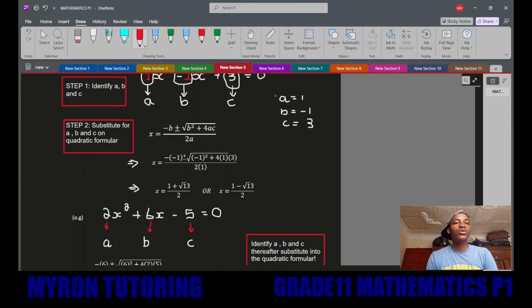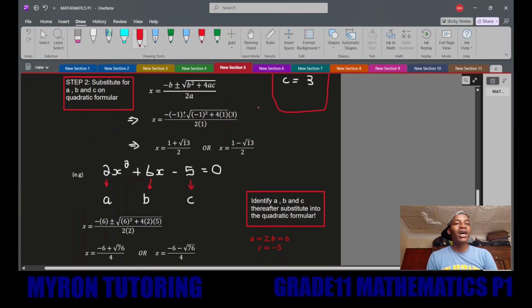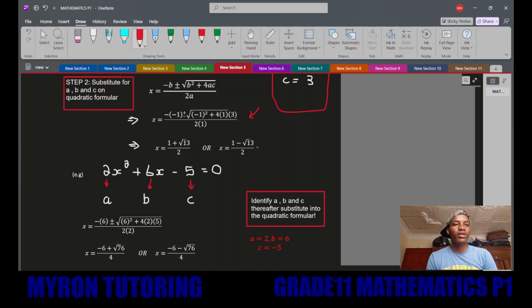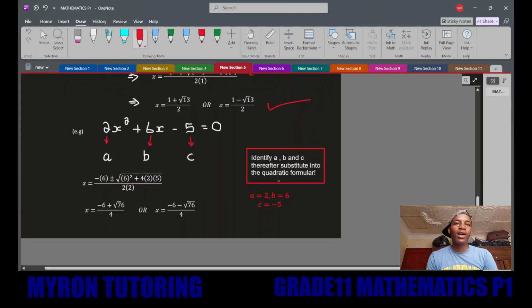So the first step is to identify these correctly as they are given, put them into the formula, substitute them into the formula, then we use our calculators to get the answer.